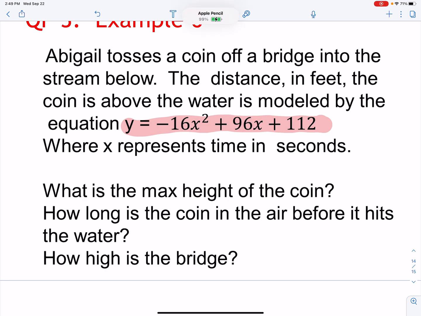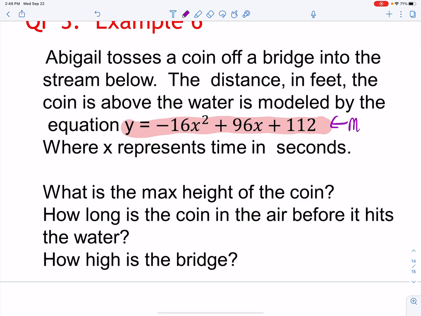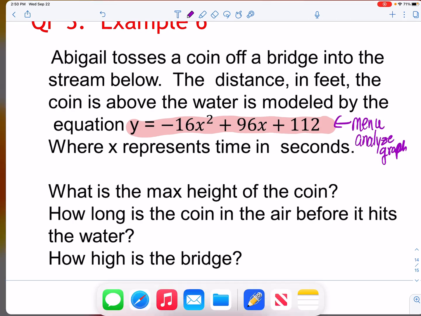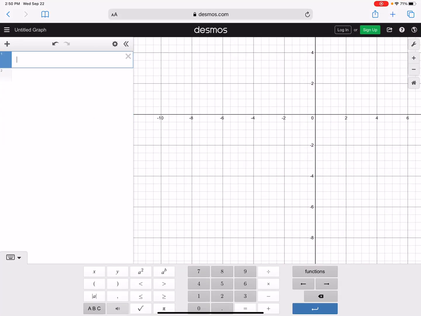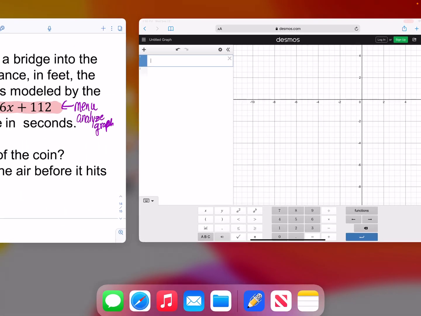Now, this is hard to show on Desmos, because I just have to click on it. But this goes back to what we talked about in class yesterday, where you have to go into menu on your calculator and then go into analyze graph. Then you're going to pick maximum, minimum, or vertex, or roots. But I am going to use Desmos because I can't get my other calculator to work on filming.